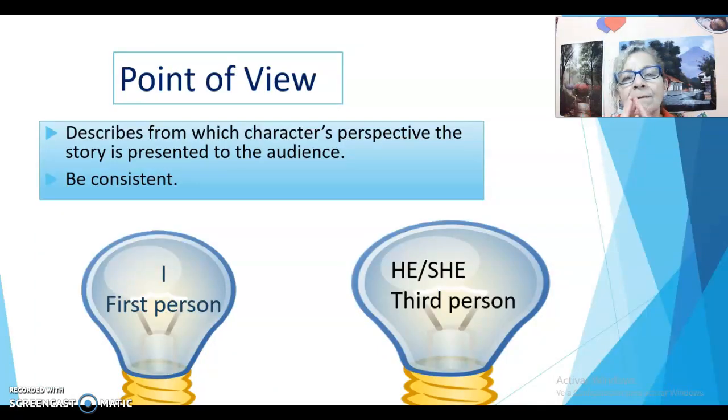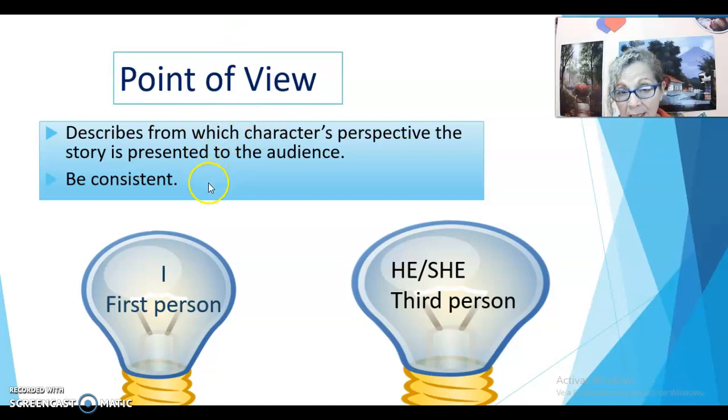What's the point of view in which you will narrate your story? It describes or narrates from which character's perspective the story is presented to the audience. Try to be consistent.